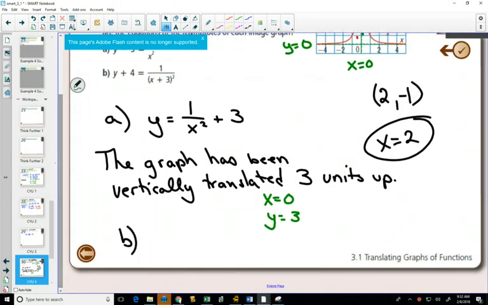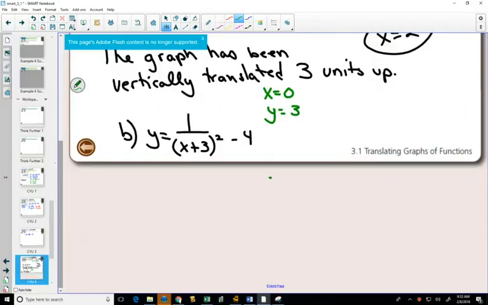For part B, again, I'm going to just rewrite it. Compared to our original 1 over x squared graph, we now have an x plus 3 on the bottom. We now have a minus 4 afterwards.